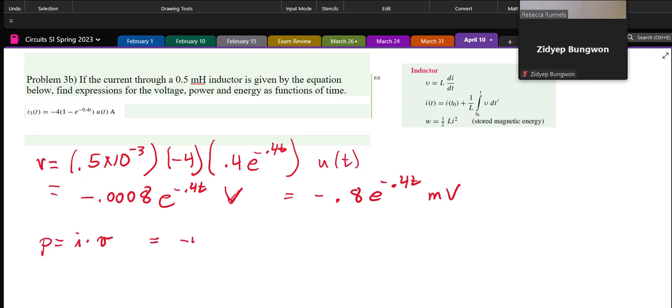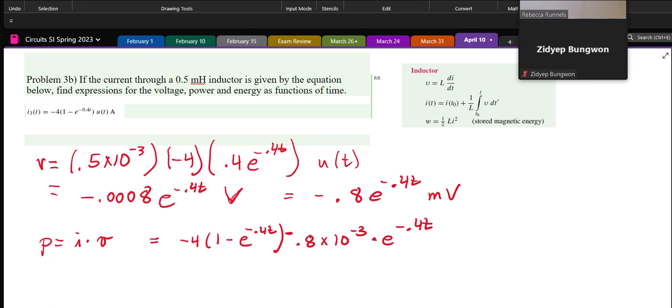So i is negative 4 times 1 minus e to the minus 0.4t. That's i. v is 0.8 times 10 to the negative 3, that's my milli, times e to the negative 0.4t. If I multiply this out, was this supposed to be negative? This was supposed to be negative.